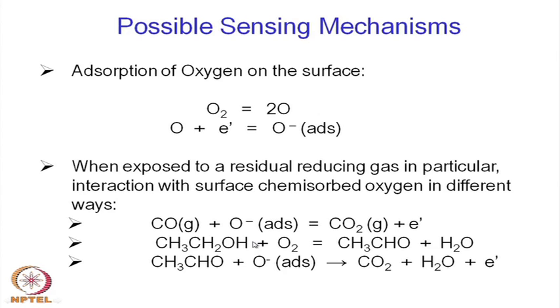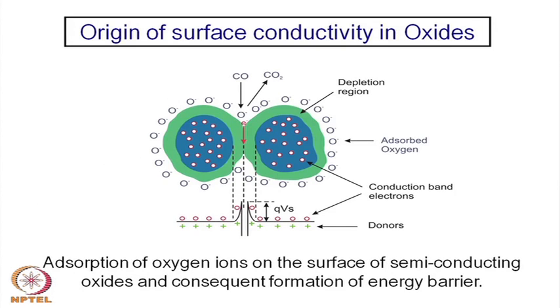That is what has been shown pictorially. Here again you can see, if carbon monoxide comes from outside and reacts with this adsorbed oxygen ion, it becomes CO2, and in the process this electron gets injected into the system where it was picked up.